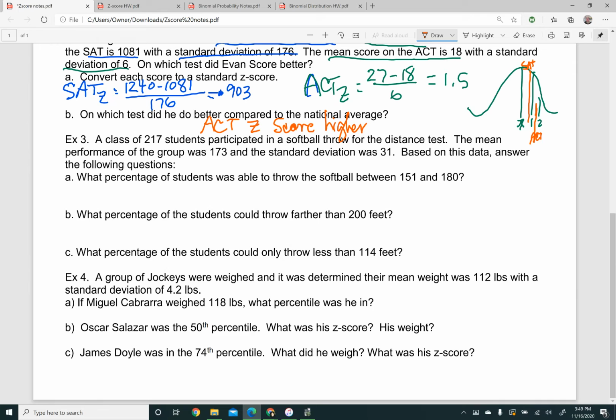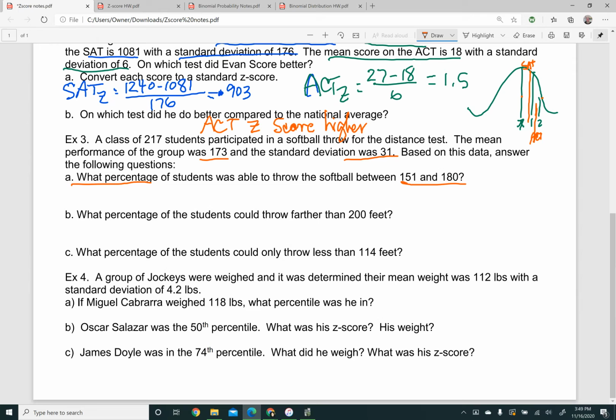Now, the other thing that they can ask us about is, this question says a class of 217 participants in softball throw. The mean is 173 and the standard deviation is 31. What percentage of students was able to throw the ball? On our normal task, we said what percent is between here and here, right?